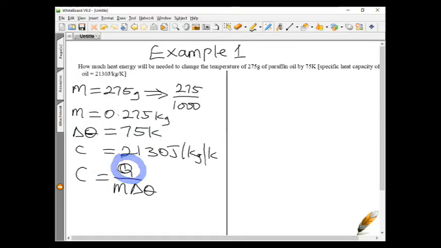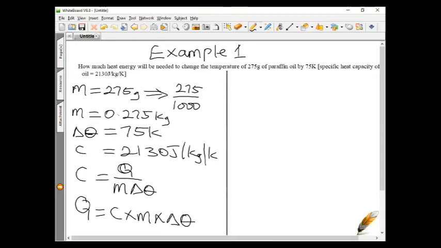So we can easily make this the subject of the formula. So Q now will be equal to specific heat capacity times mass times change in temperature.